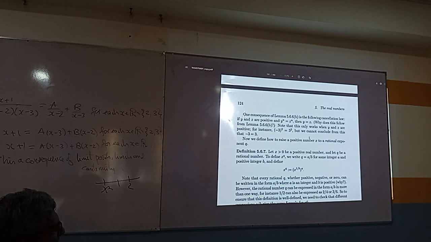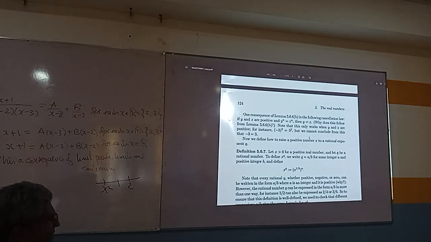However, because a is an integer, did we define x to the negative powers? I cannot remember. Anyway, he defined it this way: x to the a over b is x to the 1 over b raised to the power a.